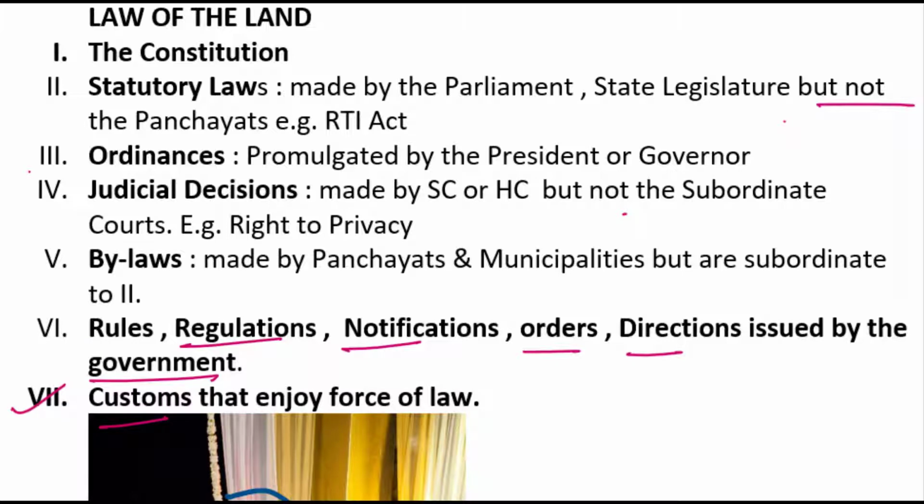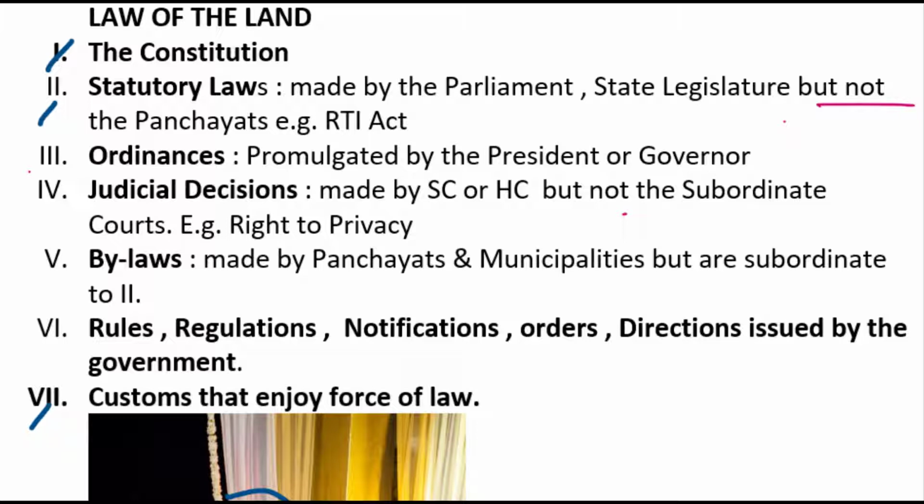At number 4 we have judicial decisions. Number 5 we have bylaws. And at number 6 we have rules, regulations, etc. issued by the government. And at number 7 we have the customs that enjoy the force of law. Now the numbers here represent the hierarchy. The numbers 1 to 7 represent hierarchy.